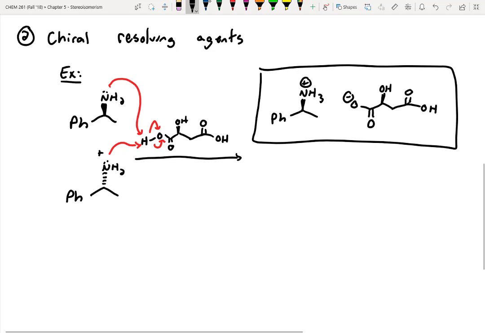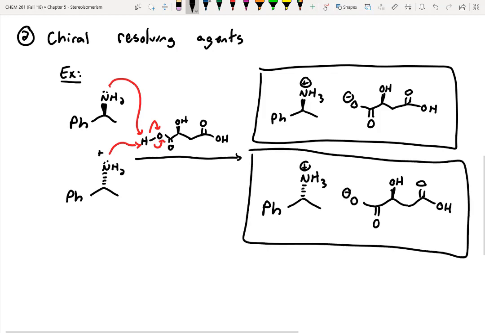A cation anion pair. So that's one salt. The other salt you would get would look super duper similar. So this would be your other possible cation anion pair. So you could isolate a mixture of two different ionic salts, right? What's the relationship between these salts?